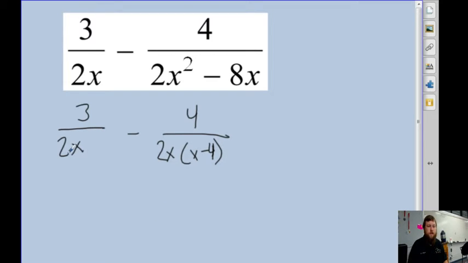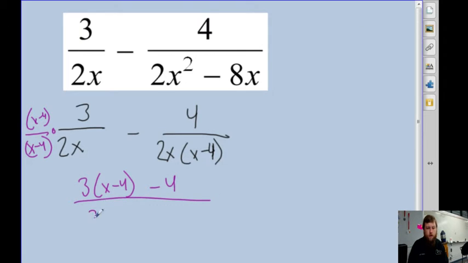What you might notice here is this is 2x times x minus 4, and this is 2x. I want to make them the same denominator. So instead of multiplying both, I can multiply the right by x minus 4 over x minus 4. If you do this, you'll have the same denominator, so it would be 3 times x minus 4 minus 4 all over 2x times x minus 4.